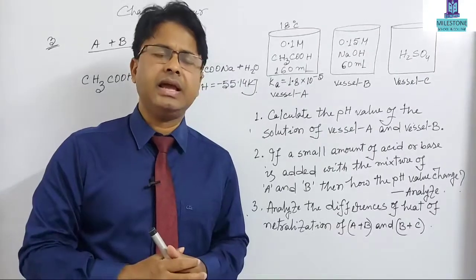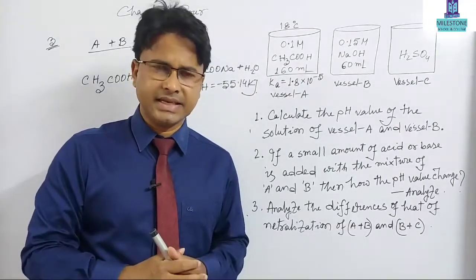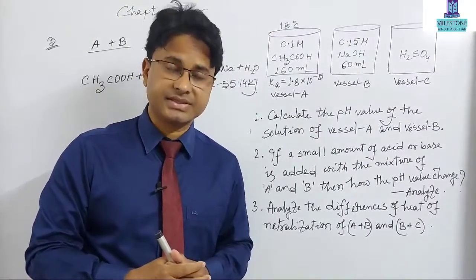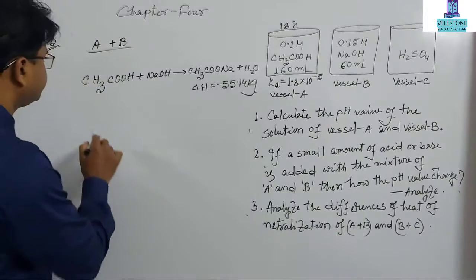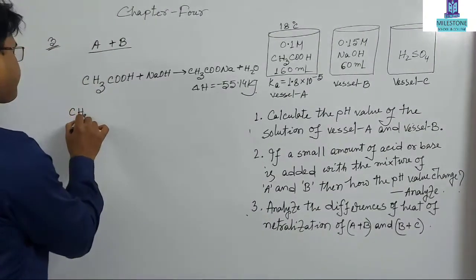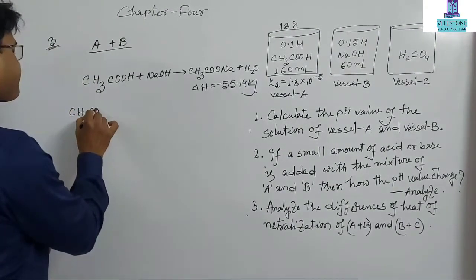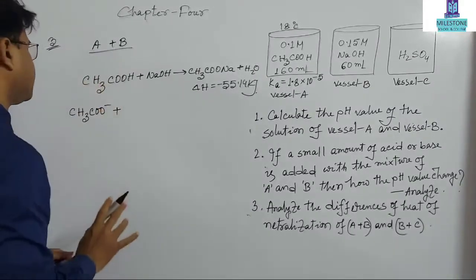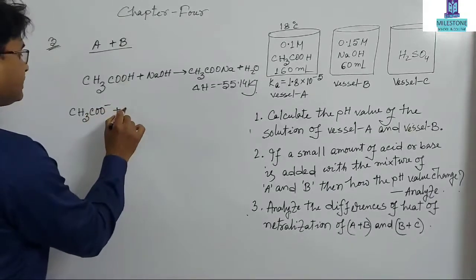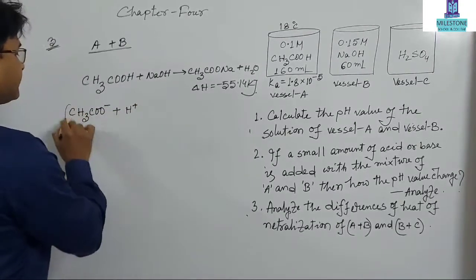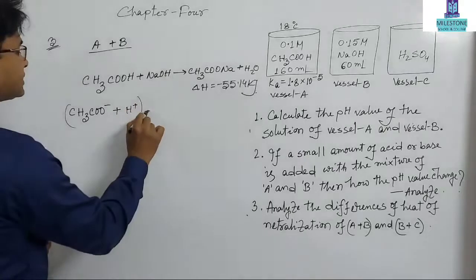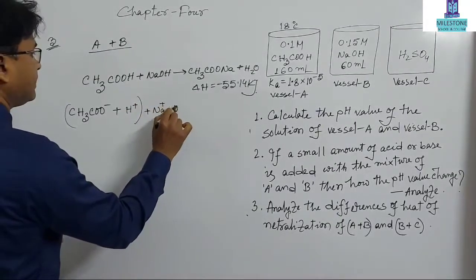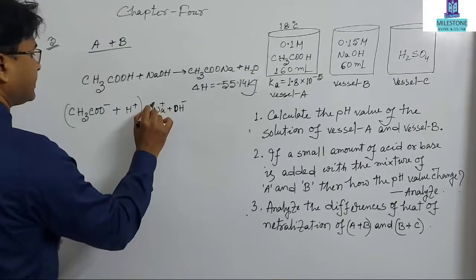That's why I can say that in aqueous solution ethanoic acid ionizes partially to produce ethanoate ion and H plus ion. Sodium hydroxide ionizes completely to produce sodium ion and hydroxide ion.